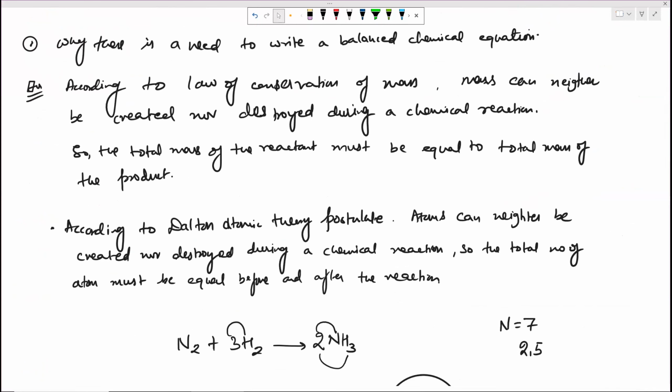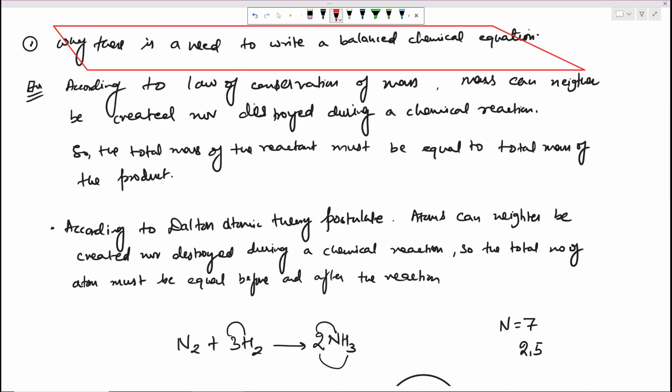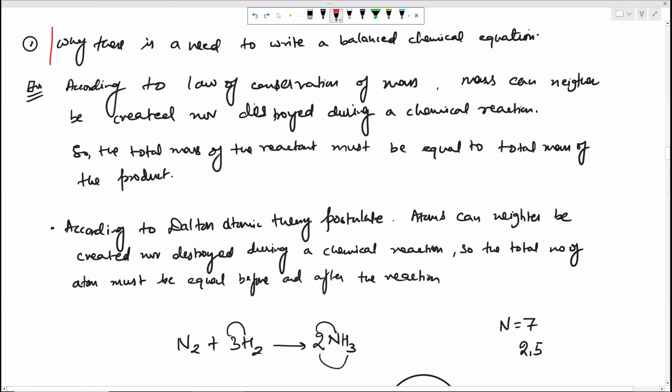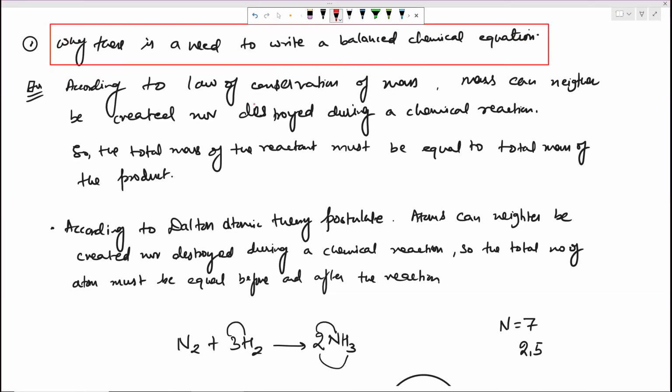So why is there a need to write a balanced chemical equation? There are 2 postulates here that we need to understand.